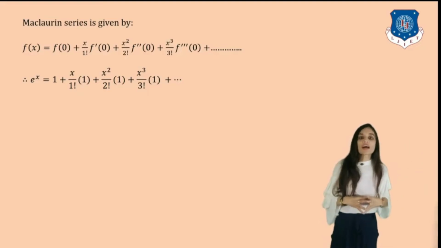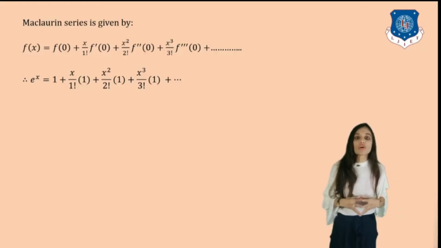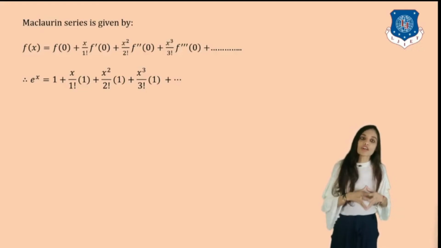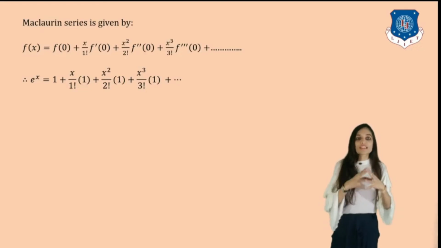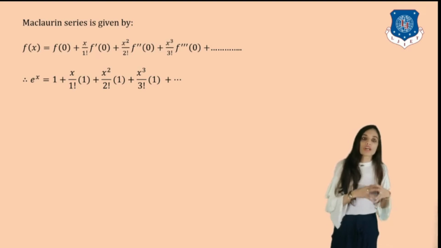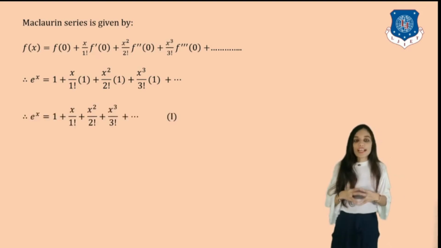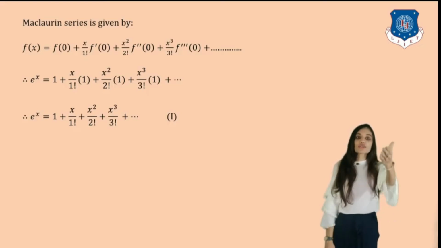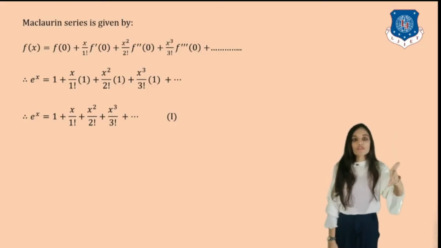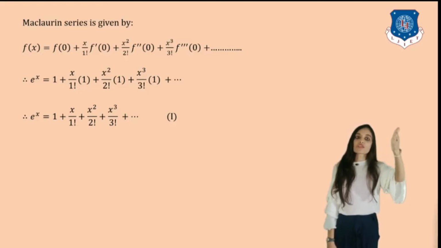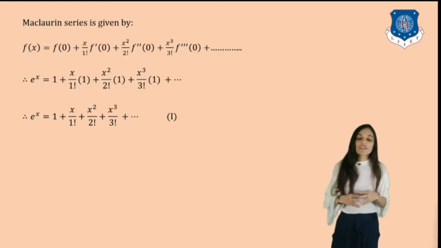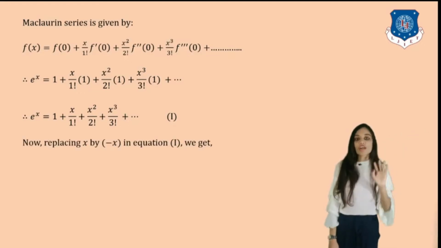So finally our Maclaurin series of e raised to x will be equal to 1 plus x upon 1 factorial into 1 plus x square upon 2 factorial into 1 plus and so on. So our Maclaurin series of e raised to x is 1 plus x upon 1 factorial plus x square upon 2 factorial plus and so on. We'll name this as equation 1.